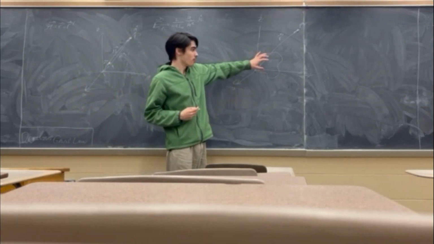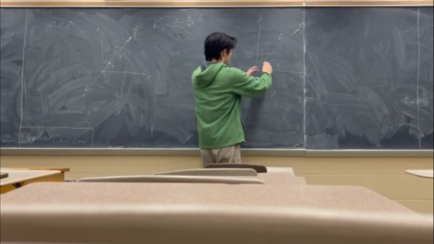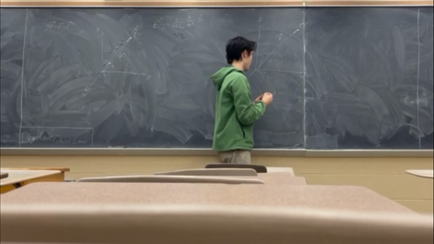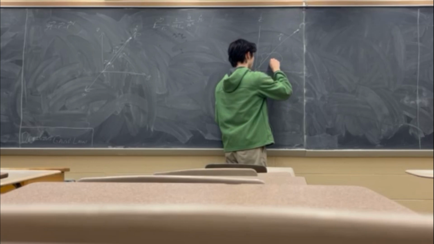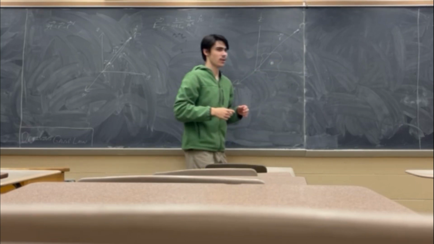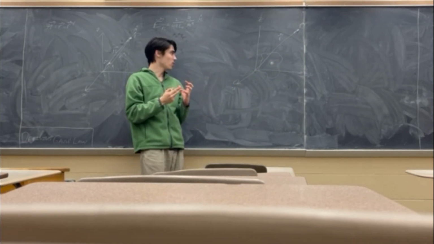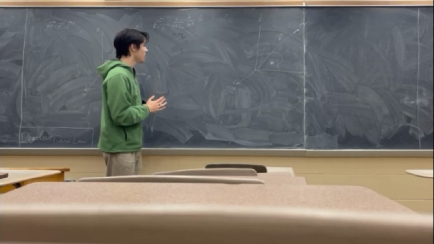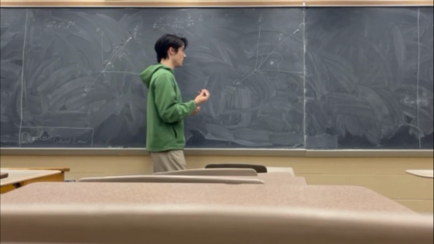So how we can approach this is by taking this object, say it's a charged object, and consider just a little tiny cube within the object. And say it's a cube that's small enough that we can treat it as if it were a point charge.